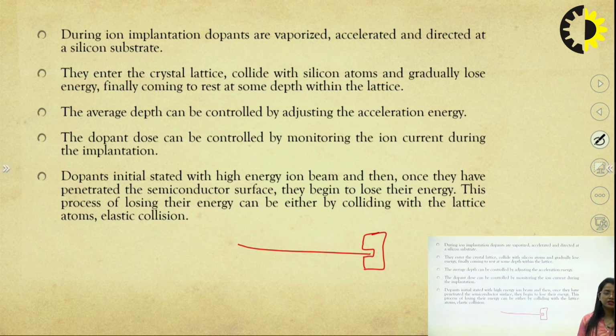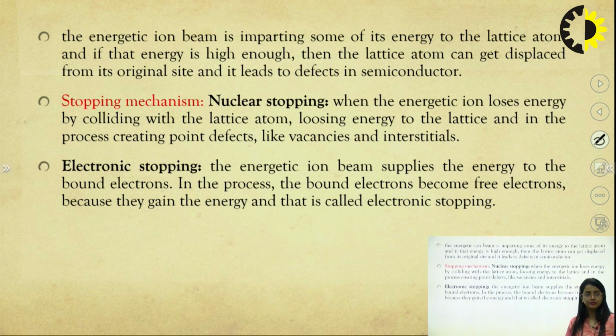The dopant dose can be controlled by monitoring the ion current during the implantation. The dopant ions start with a high energy beam, and once they have penetrated the semiconductor surface, they begin to lose their energy, which can be achieved either by colliding with the lattice atoms or with the help of elastic collision. So once they lose energy, they will try to settle down.